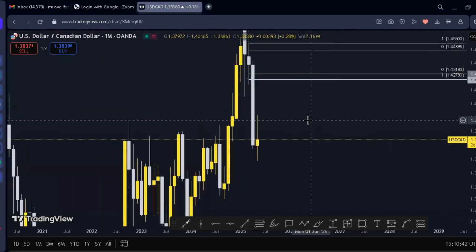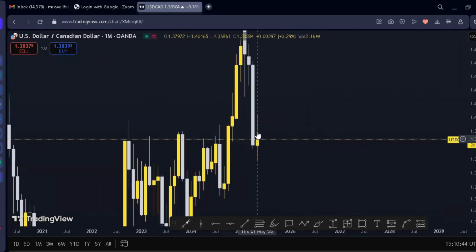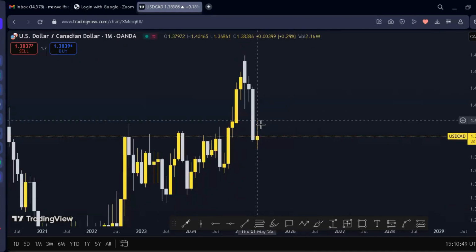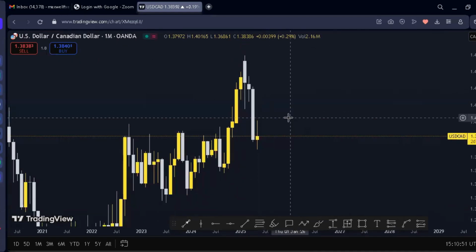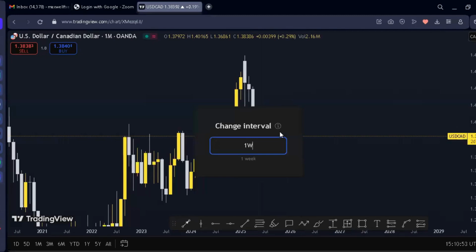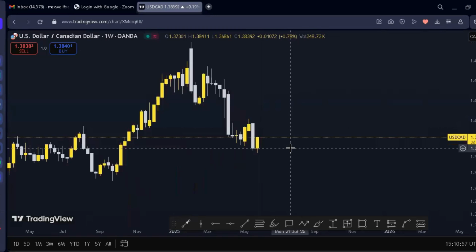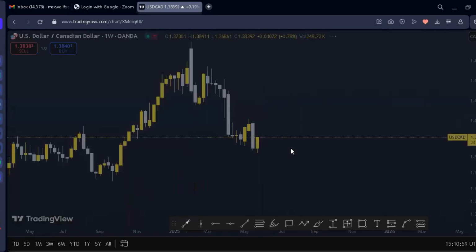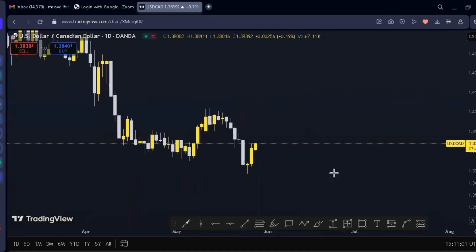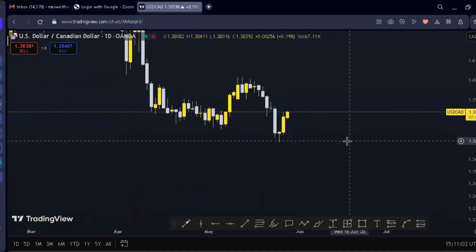We're bullish, but once again, we see that sellers did come in strong on the current candlestick. On a weekly, we're bullish. On a daily, we're bullish. So this means we need to be looking for buying opportunities.